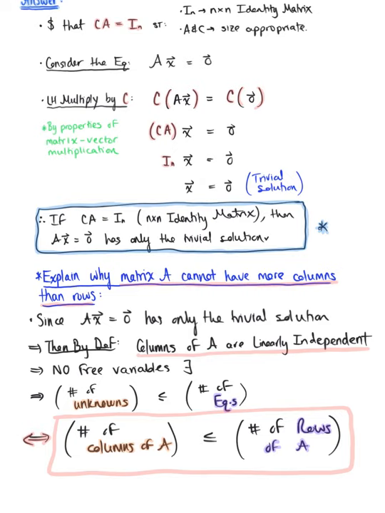So we want to make sure that there are no free variables. So there you have it. This is the first important connection that we need for the invertible matrix theorem.